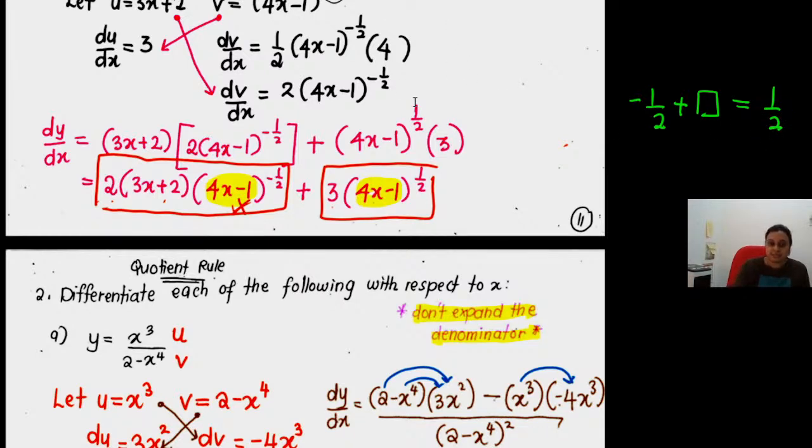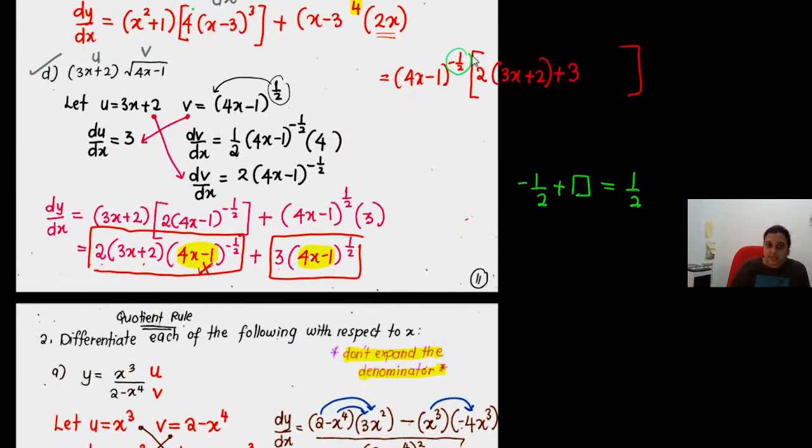Because outside here is negative 1 over 2, and when you times in, here there is going to be a power, but we don't know what power.